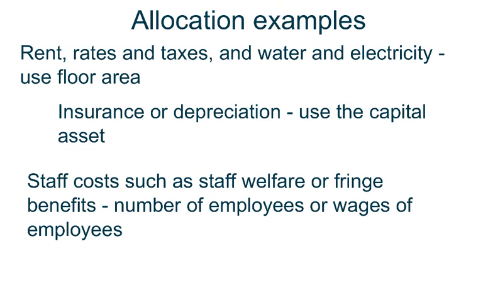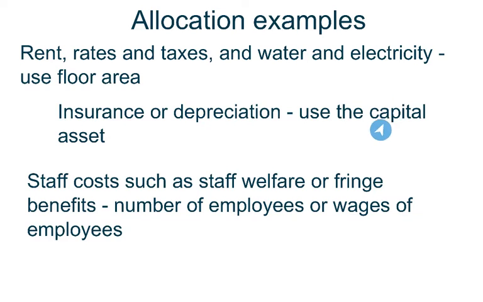Now, these are only some examples. If we look at rent, rates and taxes, water and electricity, then we will use the floor area. So we will look at the total amount of rent or rates and taxes or water and electricity, and we will simply divide it by the floor area of the different departments. If we look at insurance cost or depreciation, then we will use the actual capital asset.